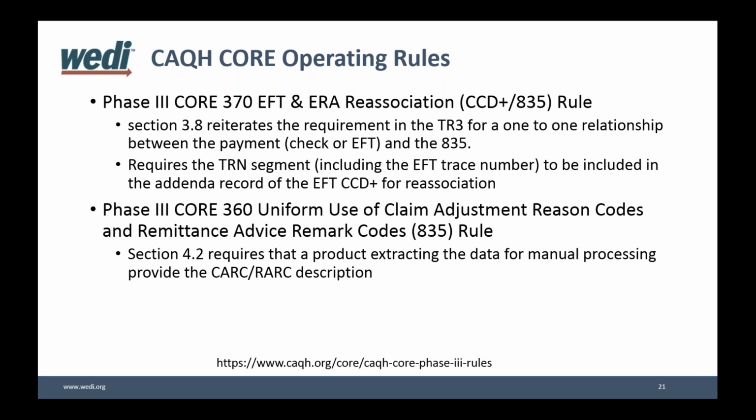So one check or one EFT can relate to only one 835 and vice versa. So you cannot have a payment that is then reflected in multiple 835s, and you cannot have an 835 that covers multiple payments. There's a one-to-one relationship there.